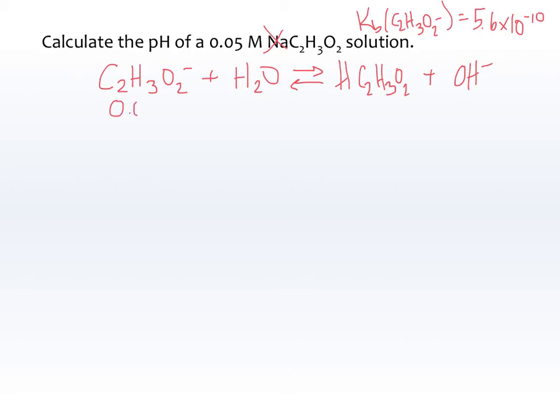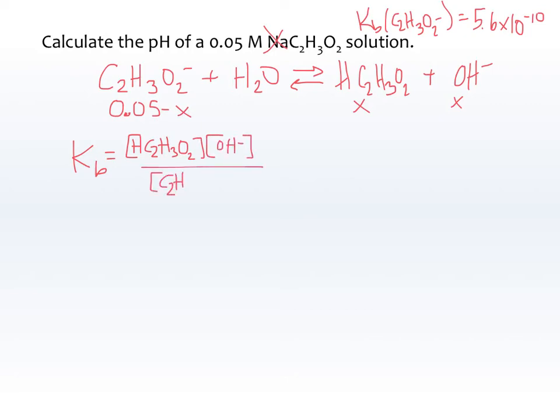So this is a 0.05 molar solution, and we have to find the pH. What's good now is that this turns into every other weak acid, weak base, polyprotic acid problem that we've seen. It's just an equilibrium problem. 0.05 is going to lose X. These guys are each going to gain X. Now we have K. This will be Kb because of the OH minus. And that's HC2H3O2 times OH minus divided by C2H3O2 minus.